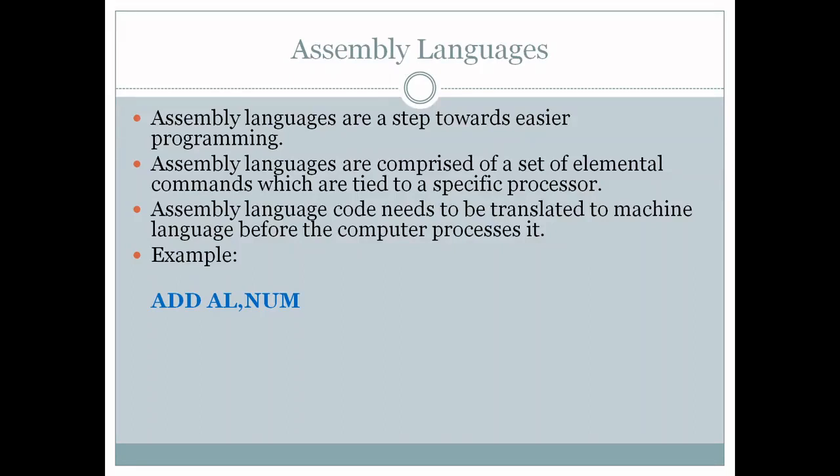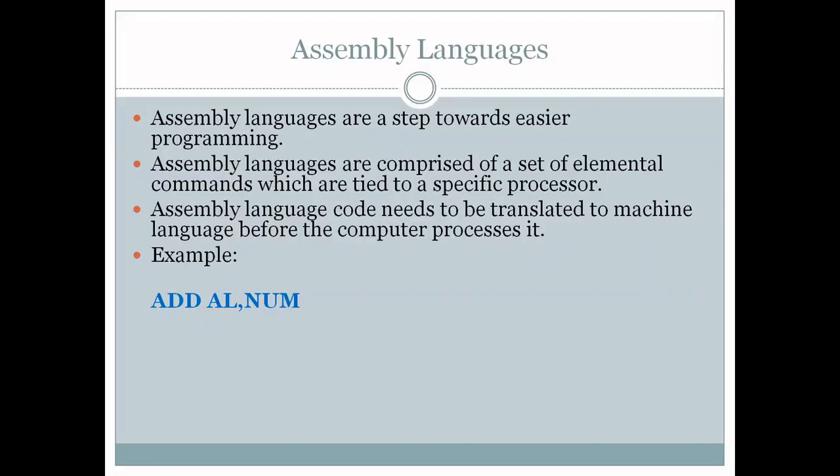So this is to add two numbers, and here instead of combinations of ones and zeros, we have used some words. So this makes it a bit easier than the machine level language.